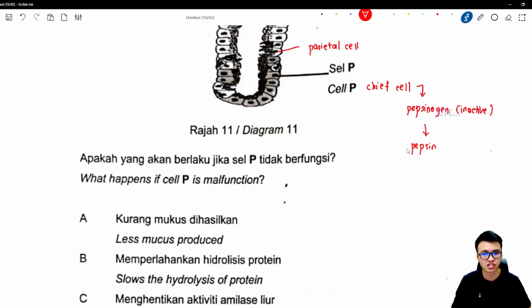Pepsin is going to digest the protein to polypeptides. So now let's say we don't have the chief cell or it malfunctions. We cannot produce pepsinogen. No pepsinogen, no pepsin. No pepsin, it cannot digest the protein into polypeptides.